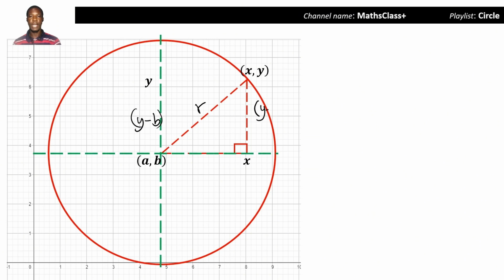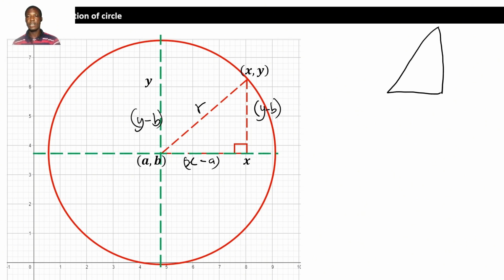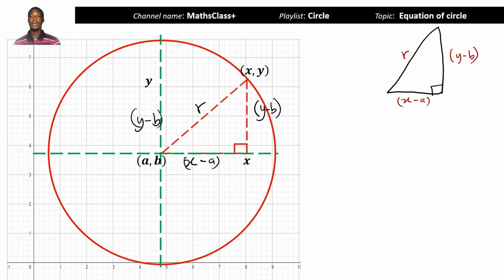So we have y minus b here, and then for the horizontal side we will have x minus a. Now if I redraw the right angle triangle here on this side, I'll have it as this. So I have here x minus a. Let me use a different color. x minus a, and then I'll have here y minus b, and then I have here r.